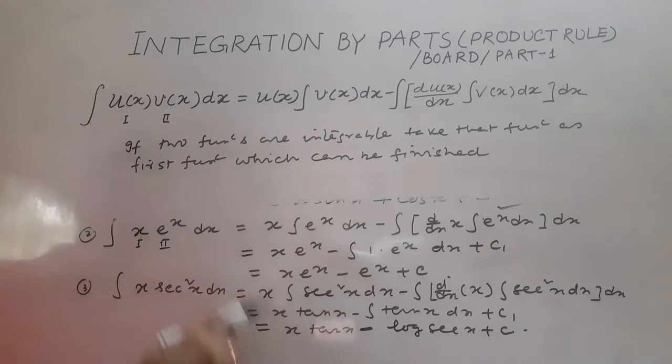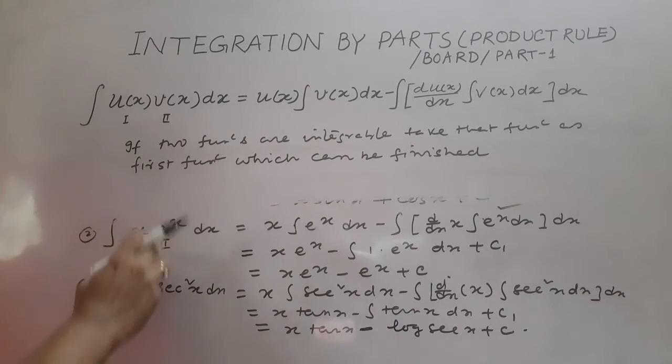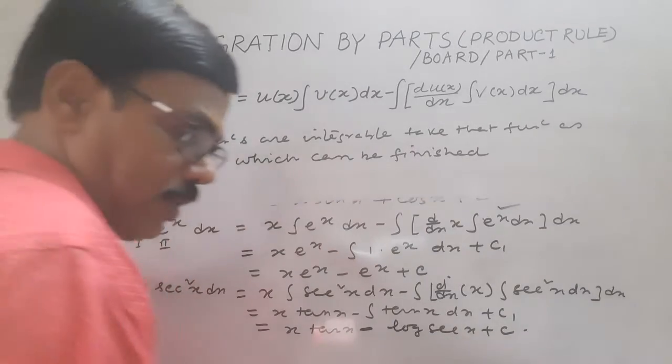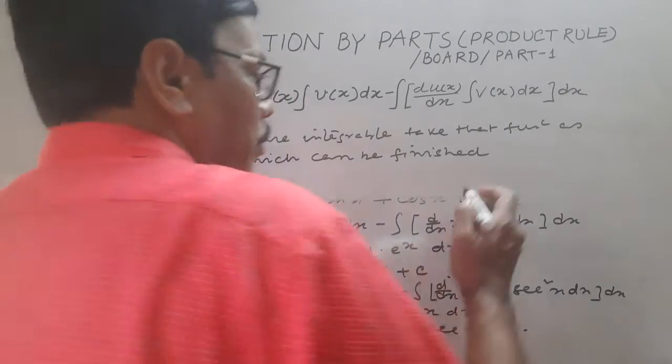Finish means the power diminishes. Suppose the derivative of x is 1, and the derivative of x square is 2x, which can be finished by repeated differentiation.